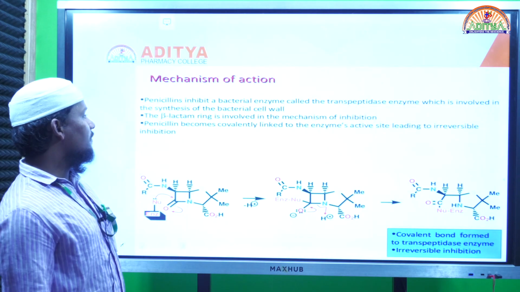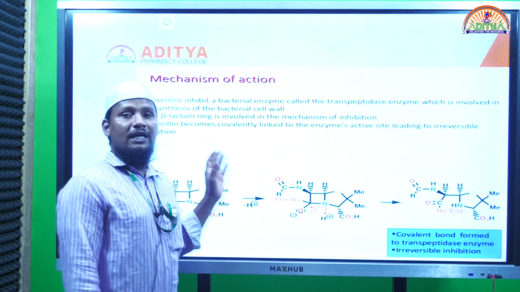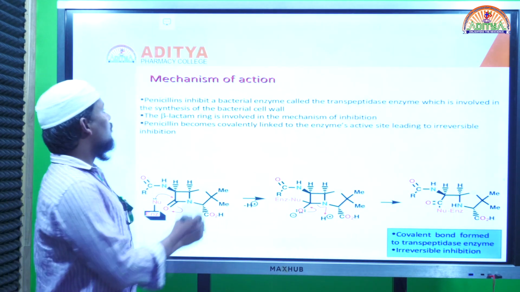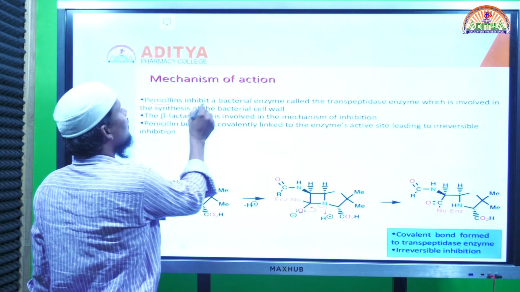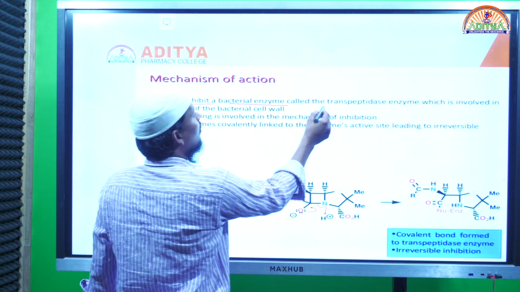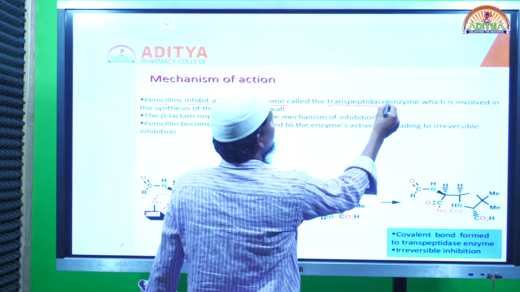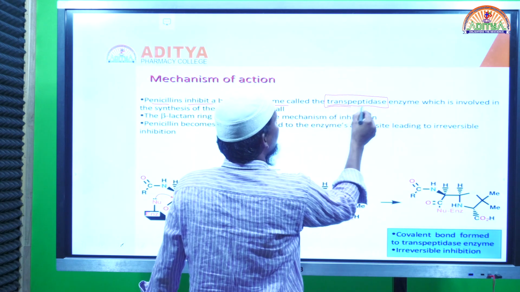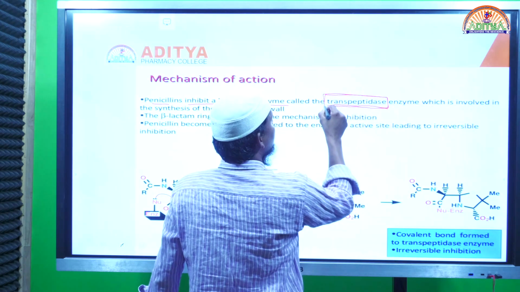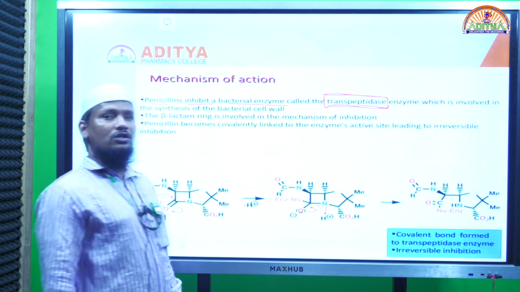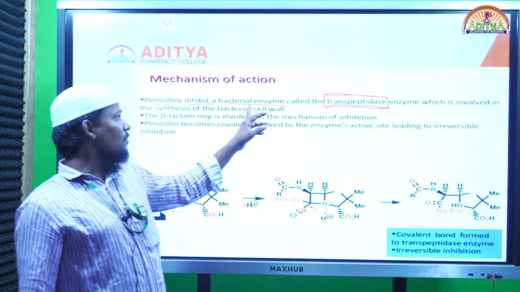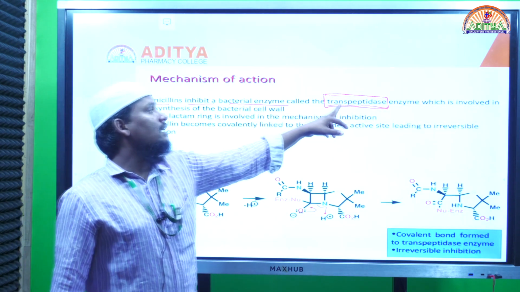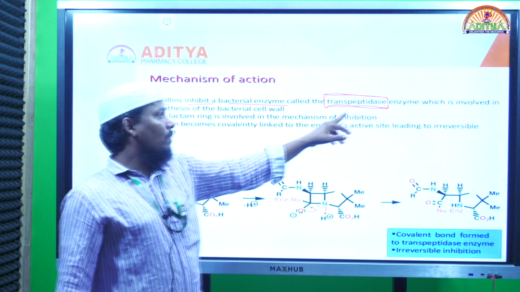Next, when coming to the mechanism of action, penicillins inhibit a bacterial enzyme called transpeptidase. You have to remember this point: the main mechanism of penicillins is to inhibit the bacterial enzyme transpeptidase.